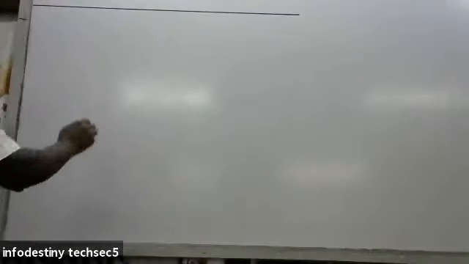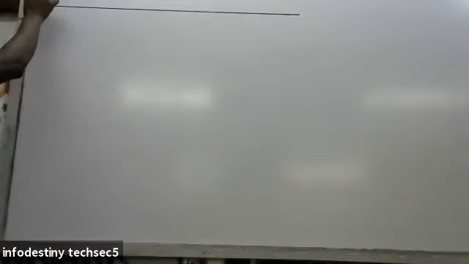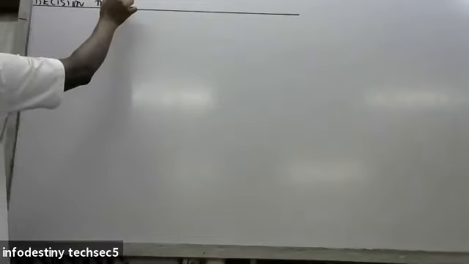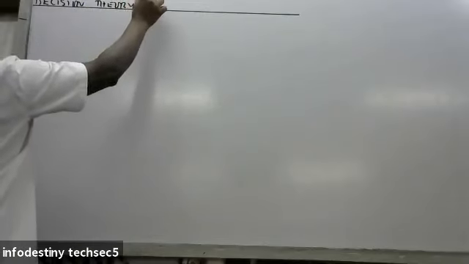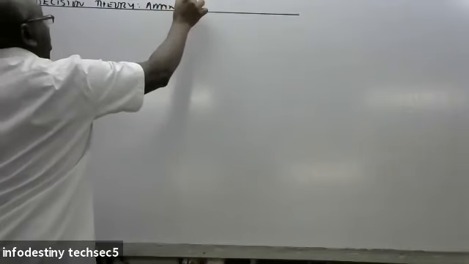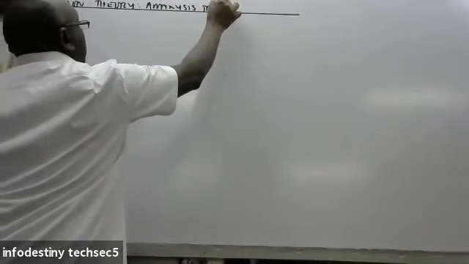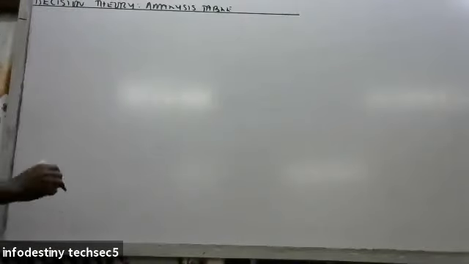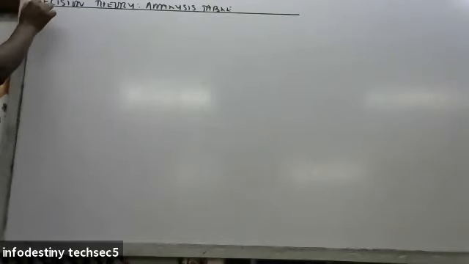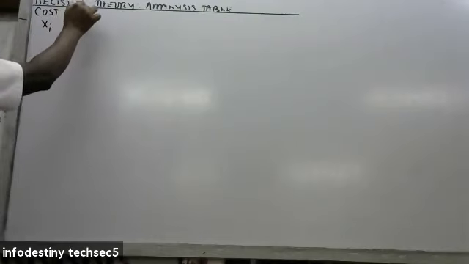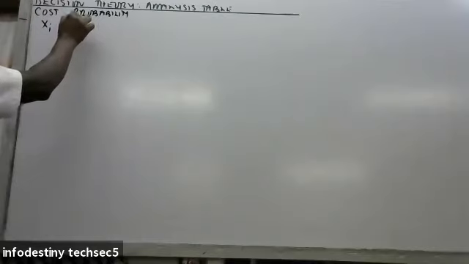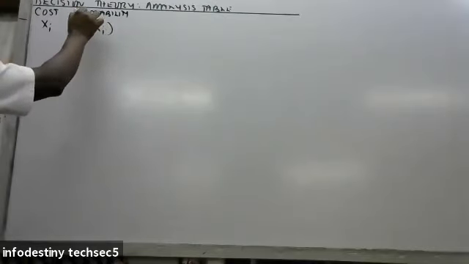So that question is coming from decision theory. And I want us now to prepare the analysis table. And in this analysis table, costs will be our xi. And then we have the probability, which will be probability of xi.